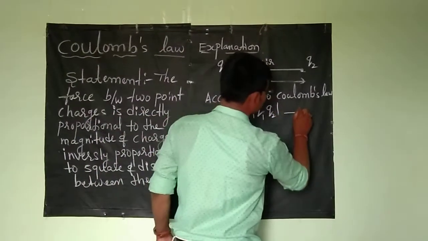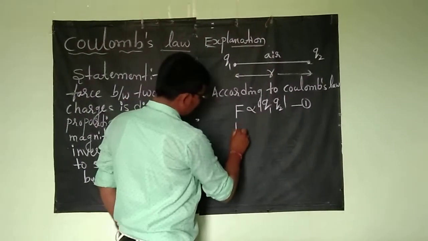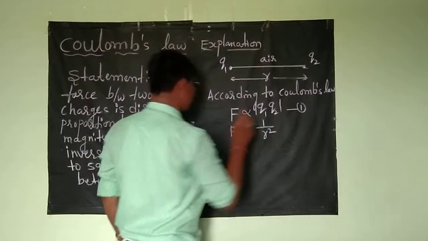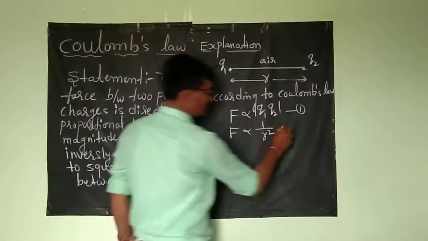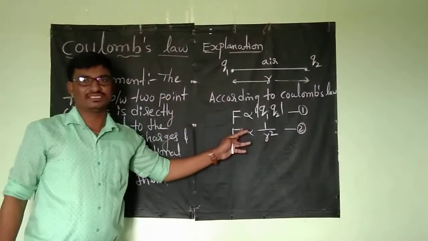We represent this as equation number 1. Then again the force is also inversely proportional to the square of the distance between them. This is equation number 2. According to the statement I have written here two equations.